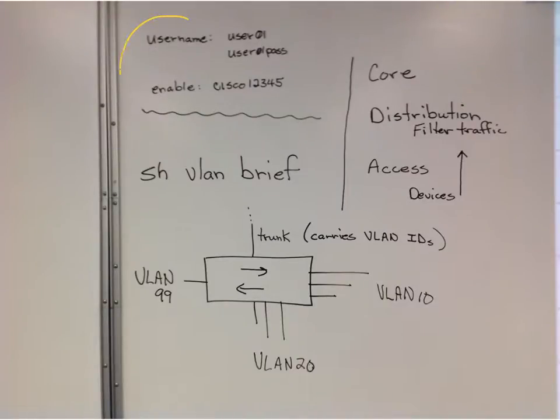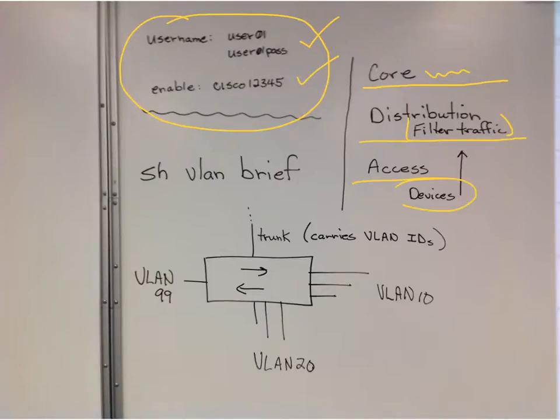I reviewed with the students what they might have to use to get logged into the devices. We talked about the core layer, the distribution layer, where we do a lot of traffic filtering, no traffic filtering up here. Then we talked about access, our devices. What ways do we get access?